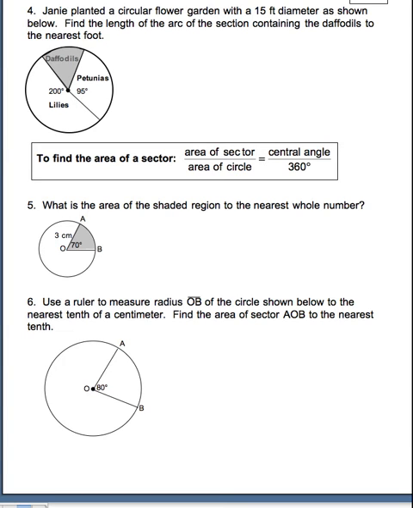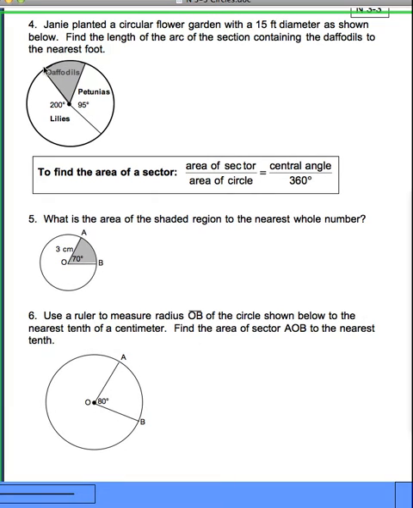So we want the arc of this section right here containing the daffodils. All right, so now we need the circumference. The circumference is pi times the diameter, which is 15. Okay, the length of the arc, so I'll say arc with daffodils.